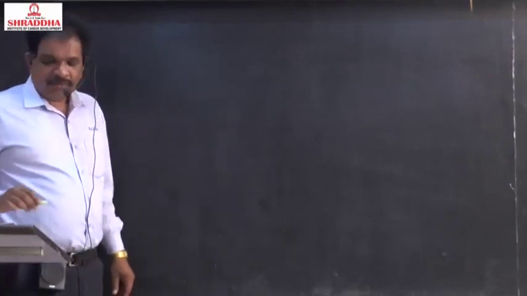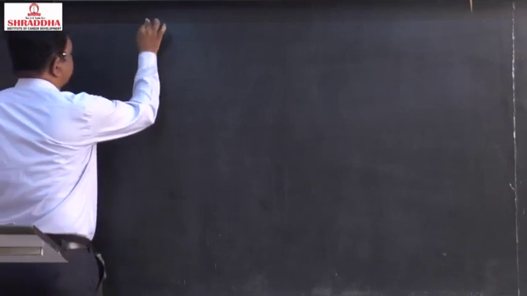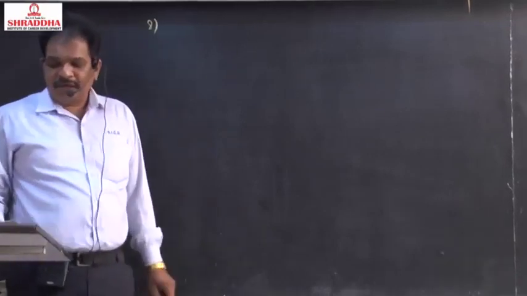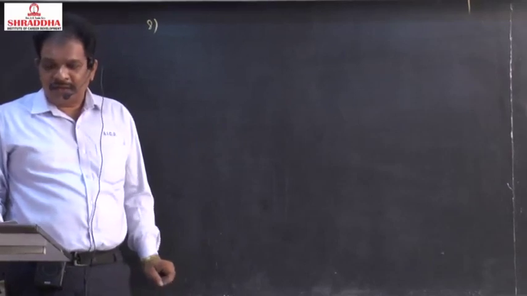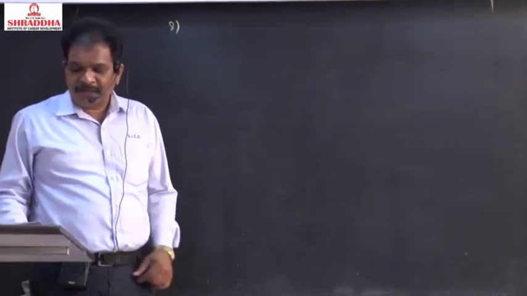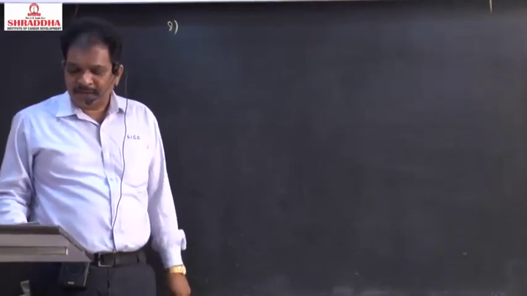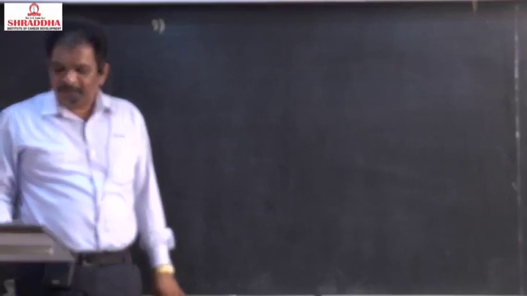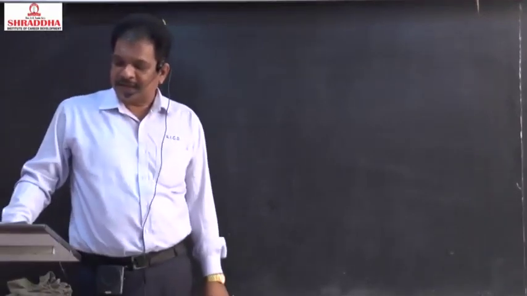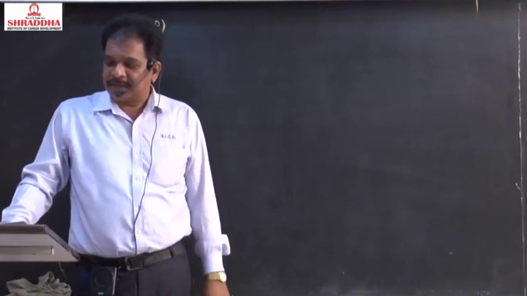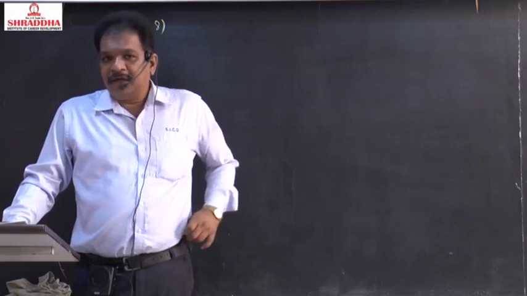Next, question number 8, you see what they are asking. If A bar is equal to 3I cap minus 4J cap and B bar is equal to minus I cap minus 4J cap, calculate the direction of A bar plus B bar.